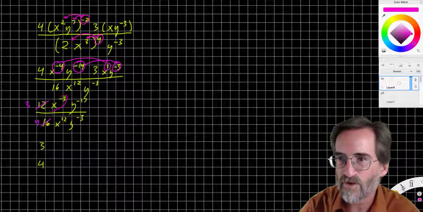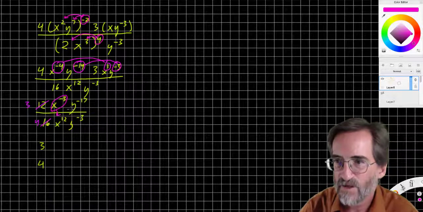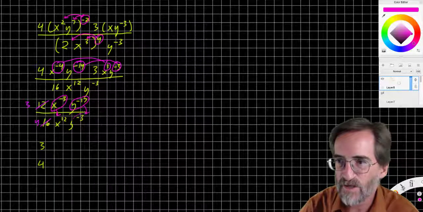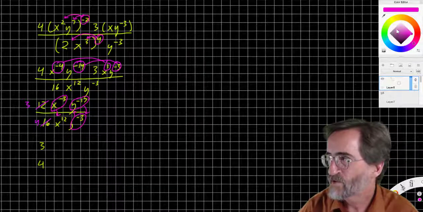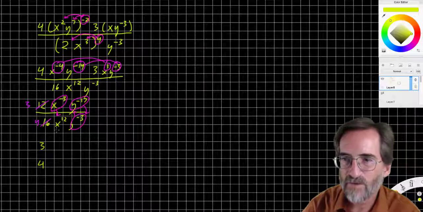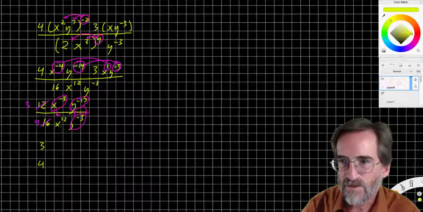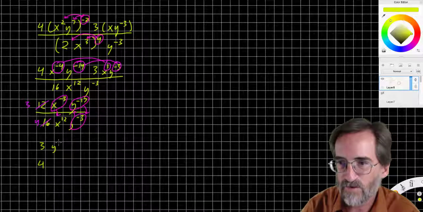When you move a negative exponent with its base across the bar, it becomes positive. So x to the negative third is going to go down, y to the negative 17th is going to go down, and y to the negative third is going to go up, just to make them positive. On the top is going to be 3 y to the third.